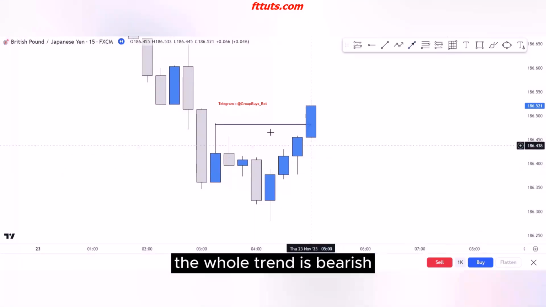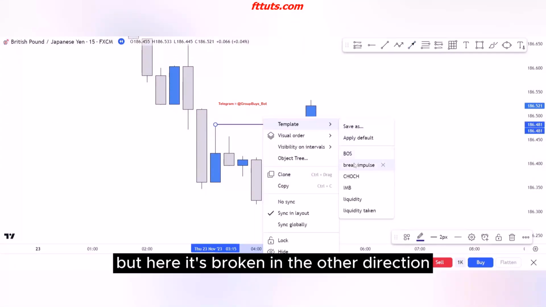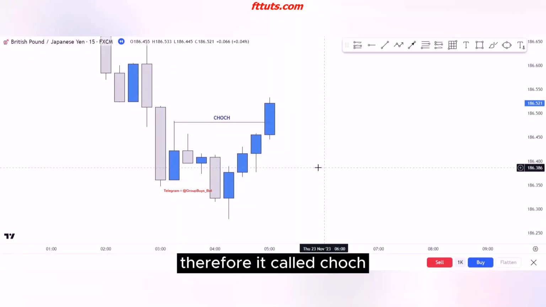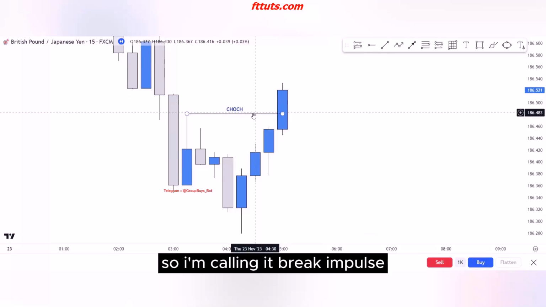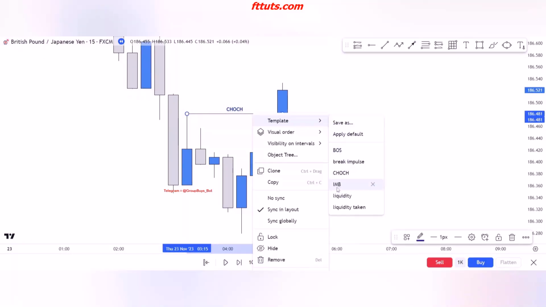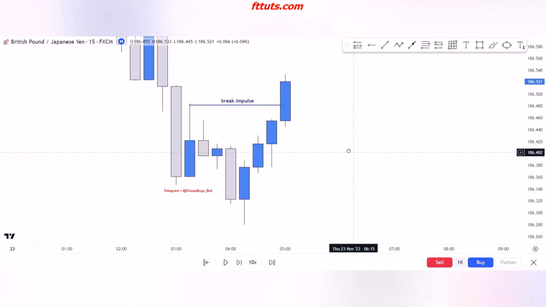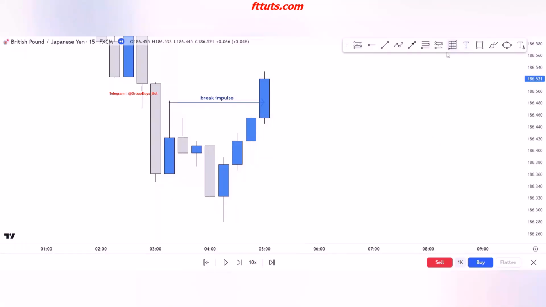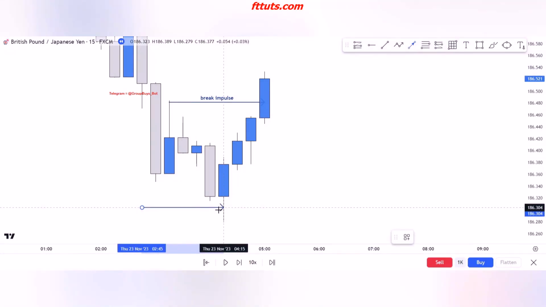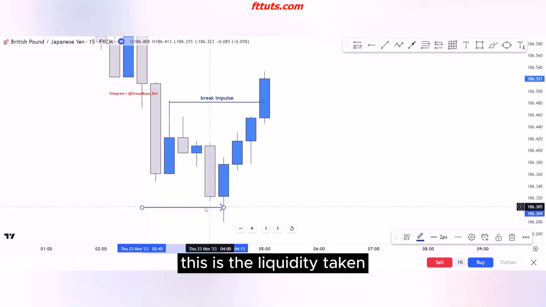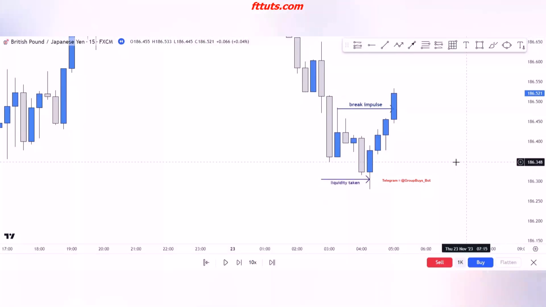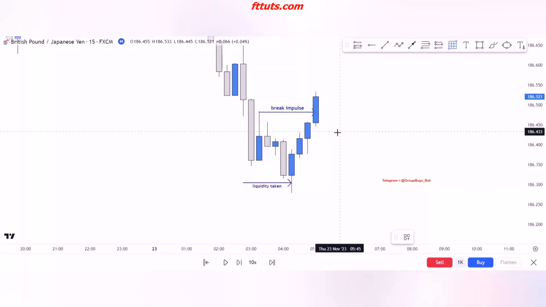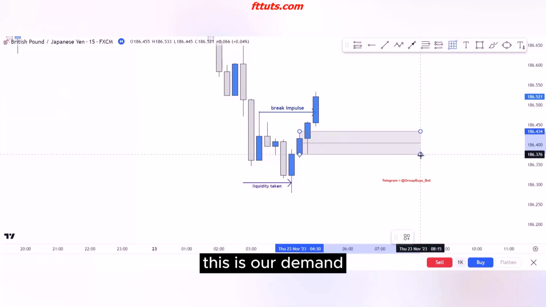The whole trend is bearish, but here it's broken in the other direction, therefore it's called CHoCH. But I don't want it to confuse, so I'm calling it break impulse. This is the liquidity taken. This is our demand.